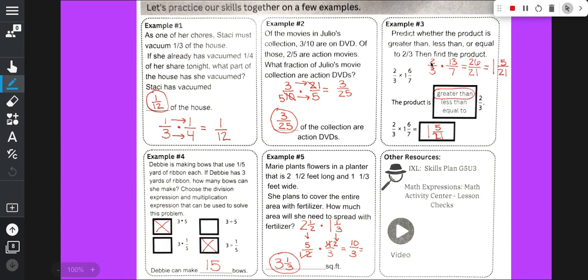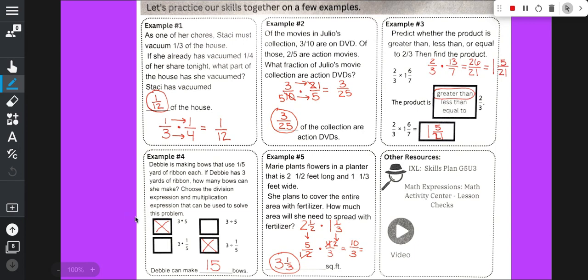So when I do the multiplication, I have 2/3. I'm going to convert 1 6/7 to 13/7. I then multiply straight across top, straight across the bottom because I couldn't simplify anything. And I get 26/21, which converts to 1 5/21, which is greater than 2/3.